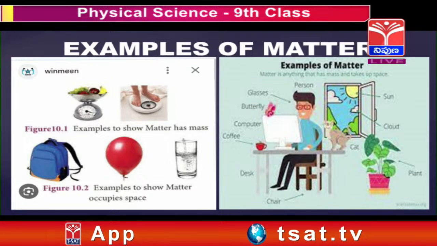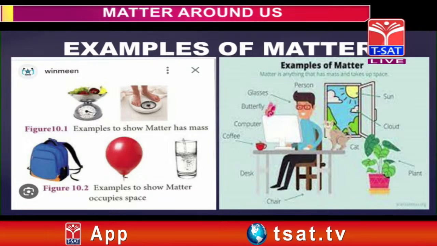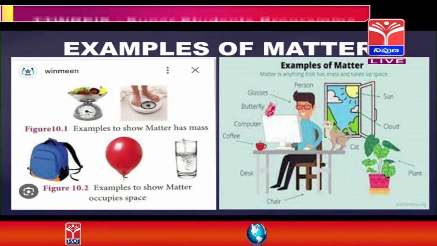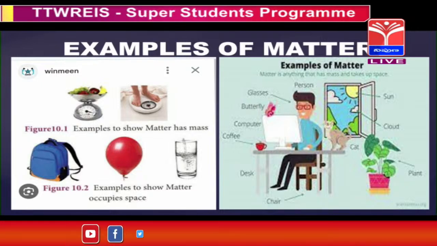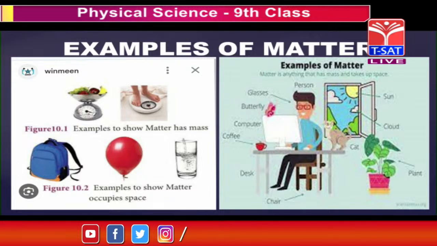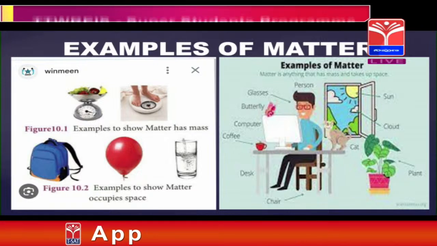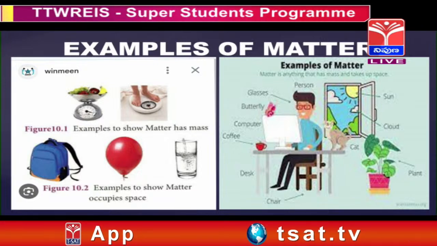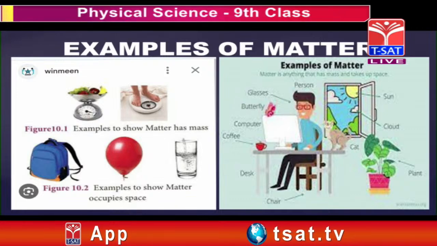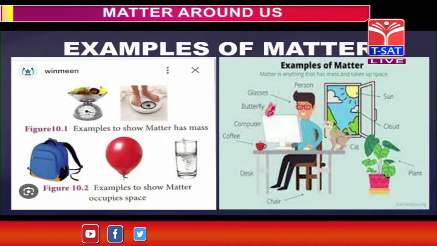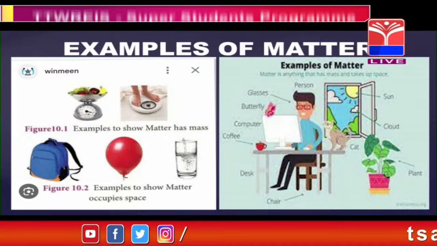Also some more examples of matter: glasses, clouds, sun, plant, human being, computer, coffee. These are examples of matter because these occupy space in the universe and have mass. So what is matter here? Anything that occupies space and has mass is considered matter.